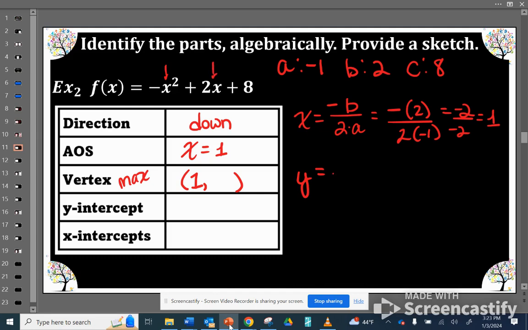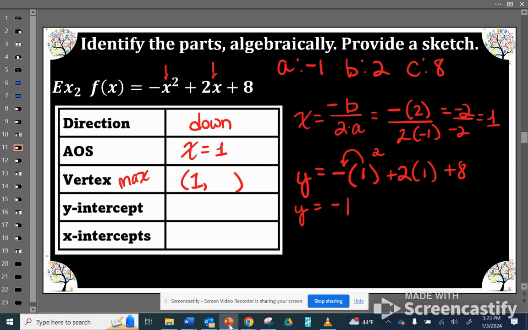So y equals negative from the function. Again, as you can see how I model these, I always use parentheses when I'm inserting a value. The value of x is 1, and then it's squared, plus 2 times 1, and then plus 8. Order of operations, we square 1, so 1 squared is 1, and then 1 times this negative is negative 1.